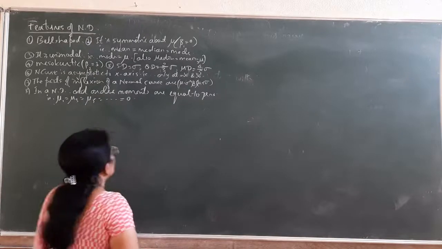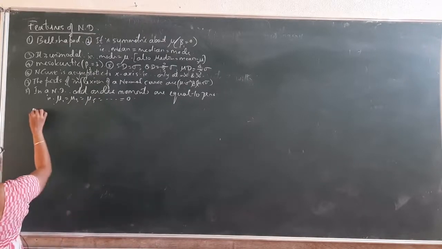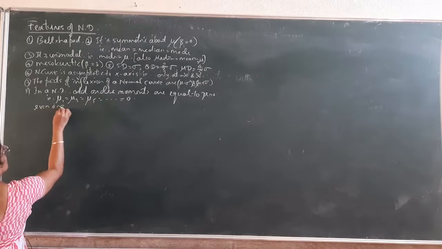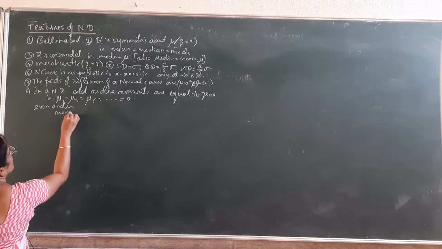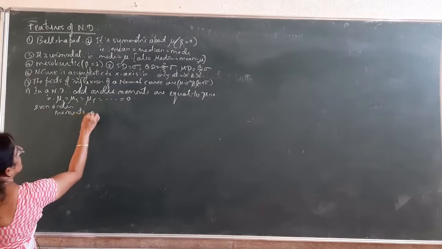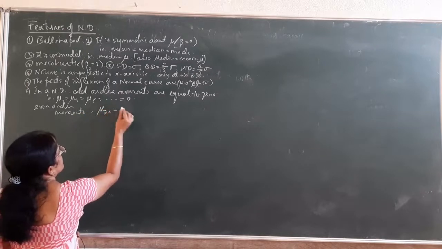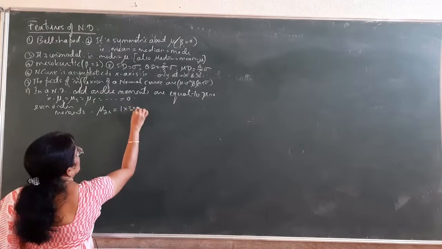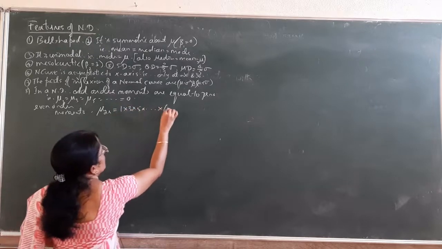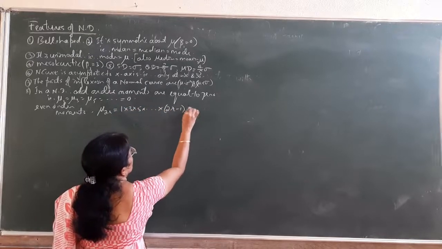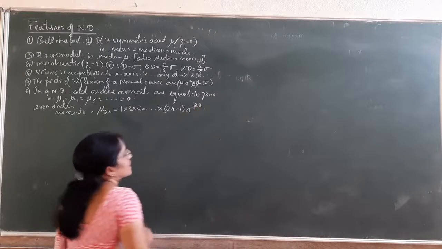Similarly, even order moments are given by the formula mu2r is equal to 1 into 3 into 5 and so on up to 2r minus 1, into sigma power 2r.